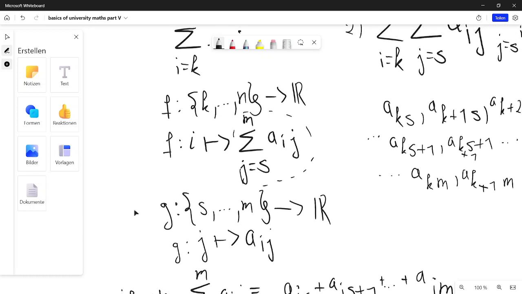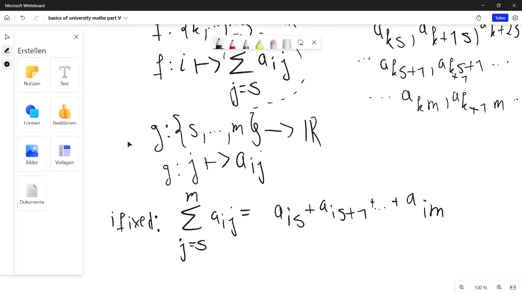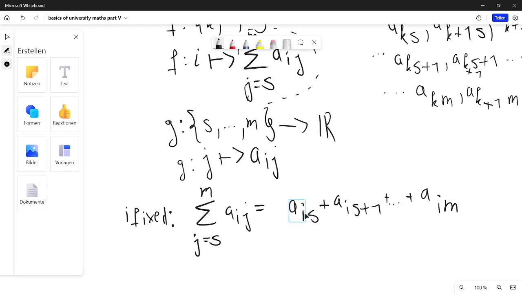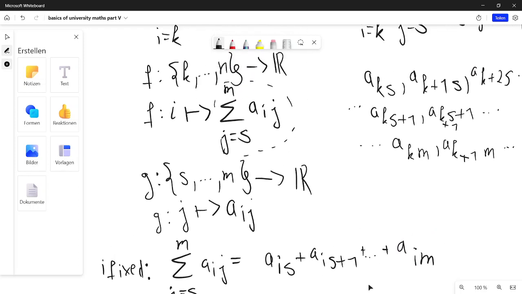So if I is equal to K, here is K, and here is everywhere K. Keep in mind what is fixed, what is not, and where something is fixed, where something is not, right? Okay, then we go to K plus 1, right? For K plus 1, we have here K plus 1 fixed, K plus 1 here, K plus 1 S, K plus 1 S plus 1, K plus 1.